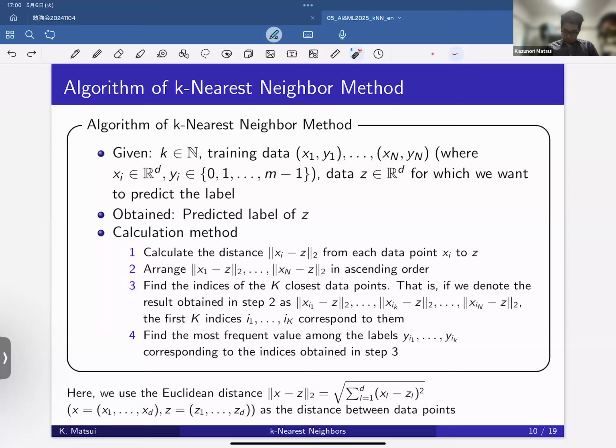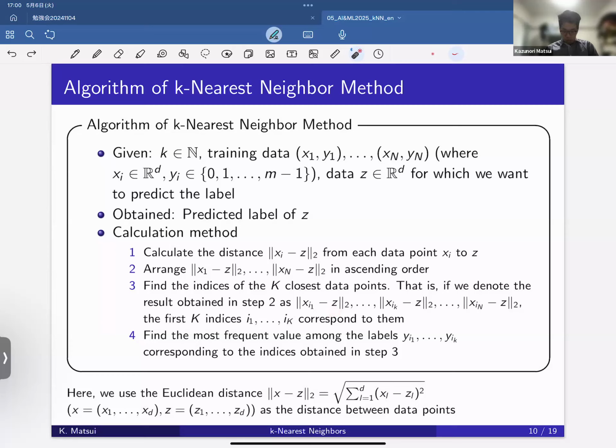For example, xi1, xi2, xi3, like that, xik. These are the k data points closest to z, the data we want to predict.